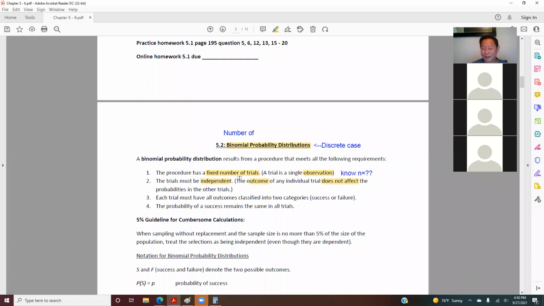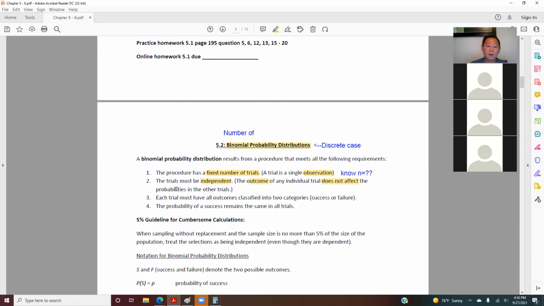My answer to that is no. For the 5th one, the chance of you getting a boy is still 50-50, because it doesn't depend on the previous outcomes. So that is the meaning of independent: one outcome is not going to affect the other outcome.